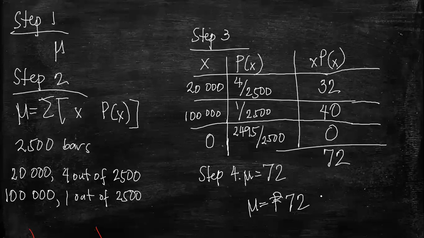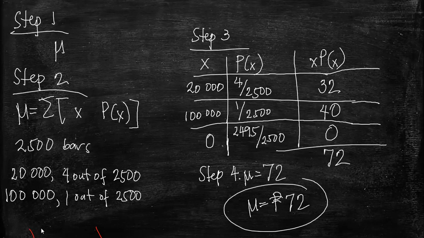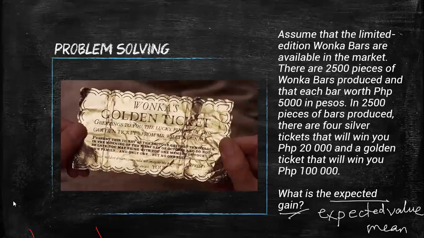Ngayon class, ano ibig sabihin nito? Ano ibig sabihin ng 72 pesos? Explain ko sa inyo class. Balik tayo sa problem. Ang ating expected value, kapag meron tayong game of chances, usually pag tickets, pag may makukuha tayong prize, na kung saan bumili tayo, 'di ba?